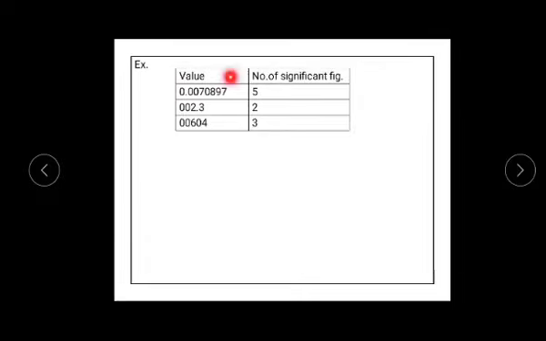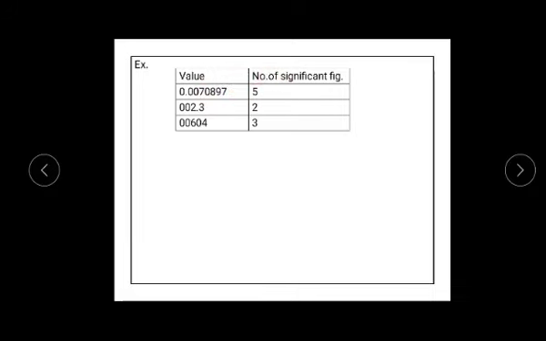So this is a decimal number, correct? If it is a decimal number, till you get non-zero digit, these zeros are neglected. Remaining you have to count. That is the meaning of rule 2. So 0.00 is neglected. Only 70897. So how many digits now? 5. So number of significant figures is 5.